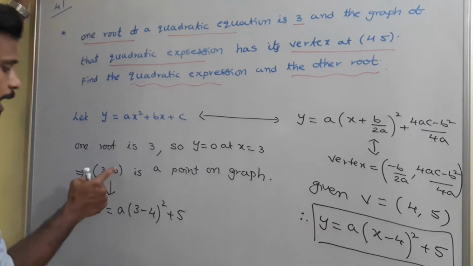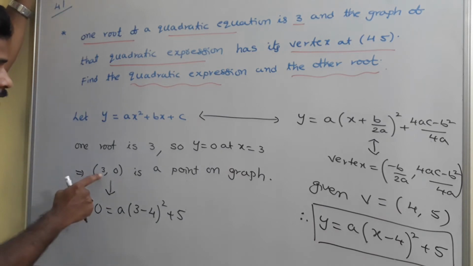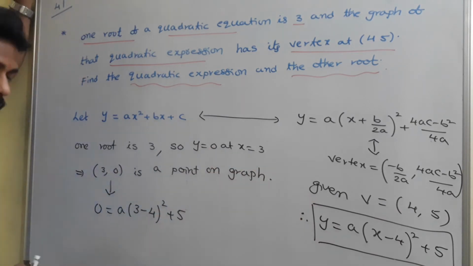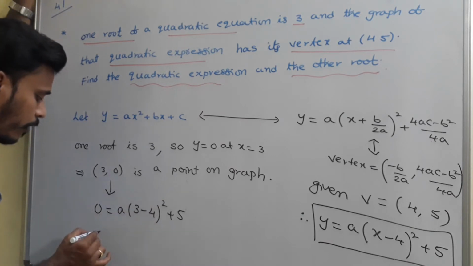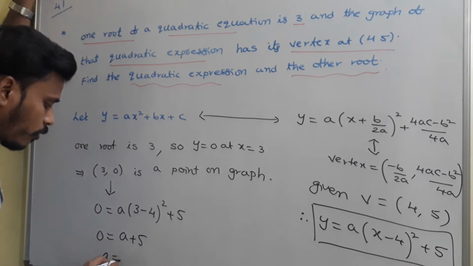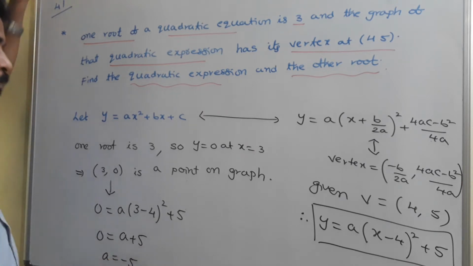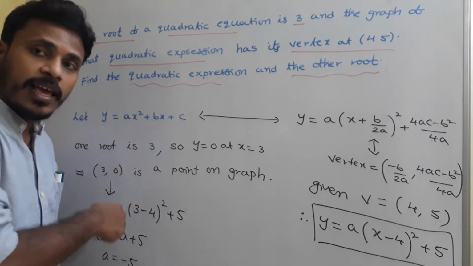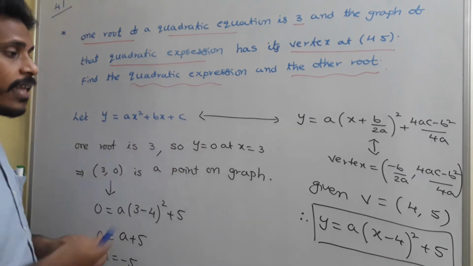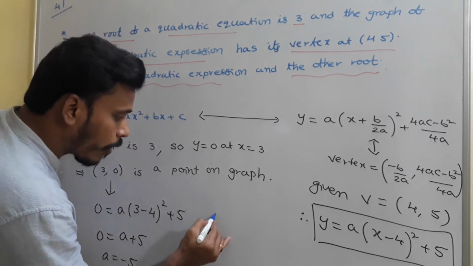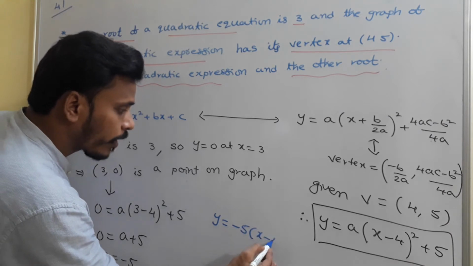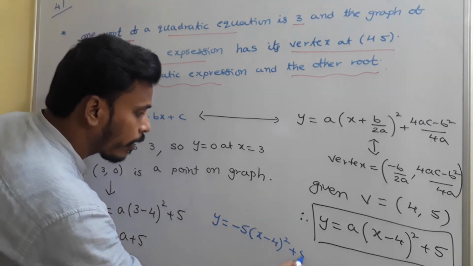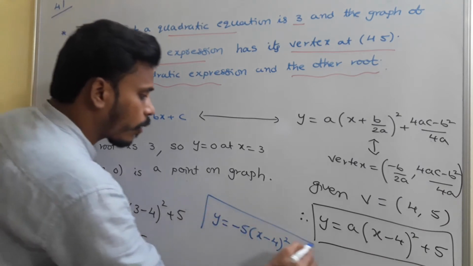After this, 3 − 4 is −1, whose square is 1. So 0 = a + 5 and a = −5. Therefore, our answer is y = −5(x − 4)² + 5, the required quadratic expression.